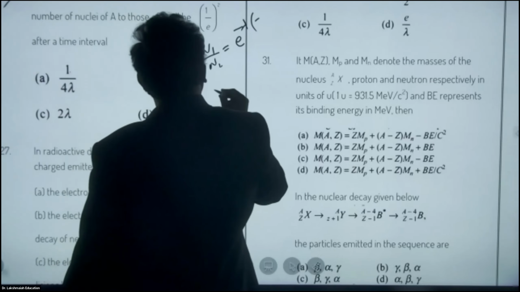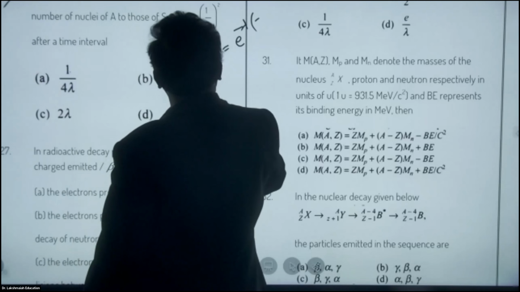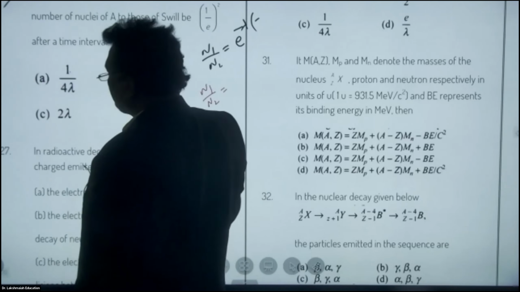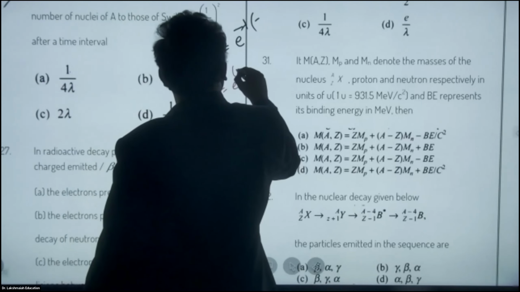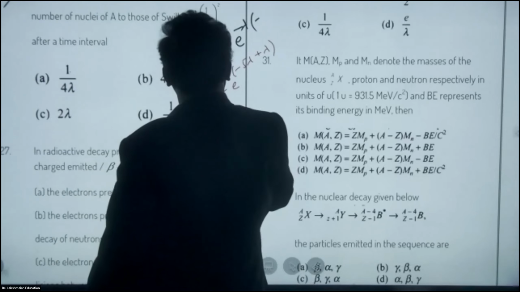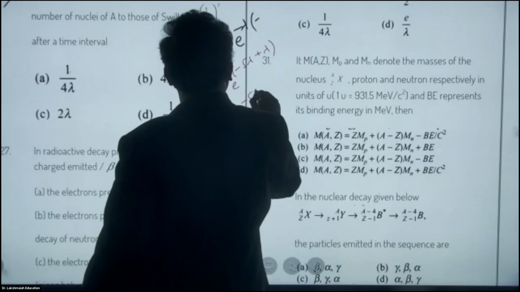What is N1 by N2? N1 by N2 is equal to e to the power of minus 5 lambda plus lambda, means minus 4 lambda t.